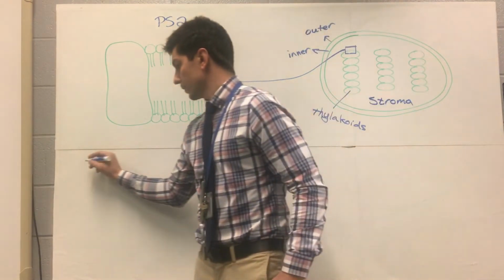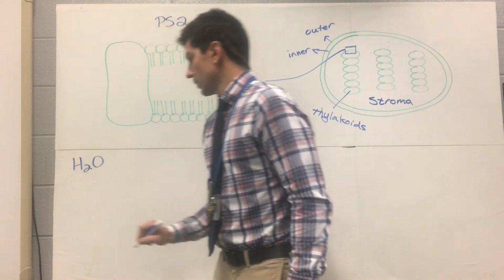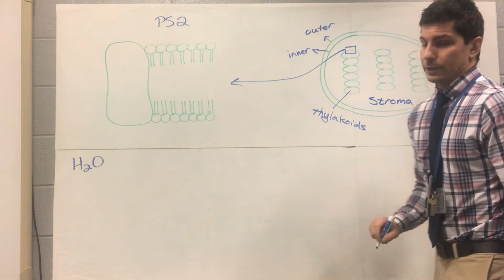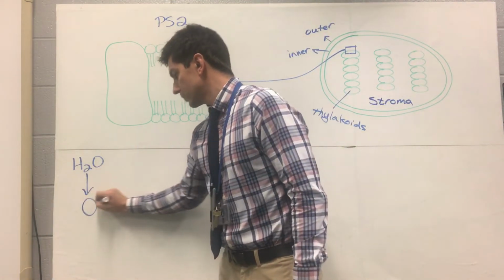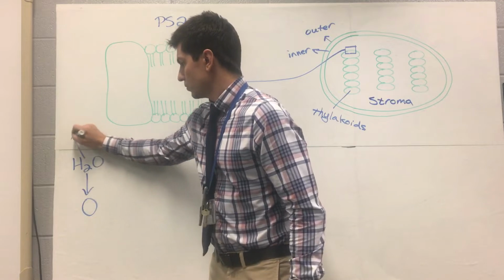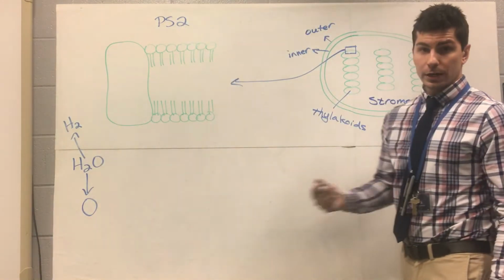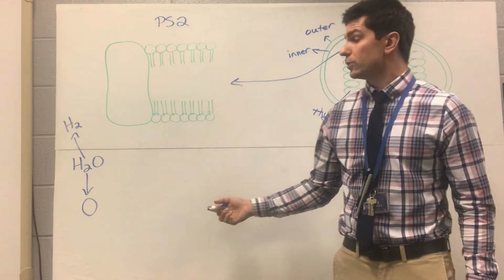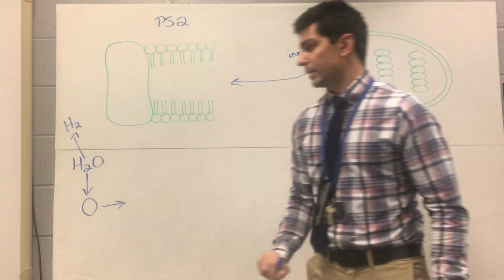Okay, so what we're going to do first is we're going to bring in some water, H2O. And we're going to split that water into two different things. We're going to split it into our oxygen, and we're going to split it into our hydrogen. Okay, the oxygen, that's the same oxygen we breathe. So once the water is split, this oxygen is going to leave.